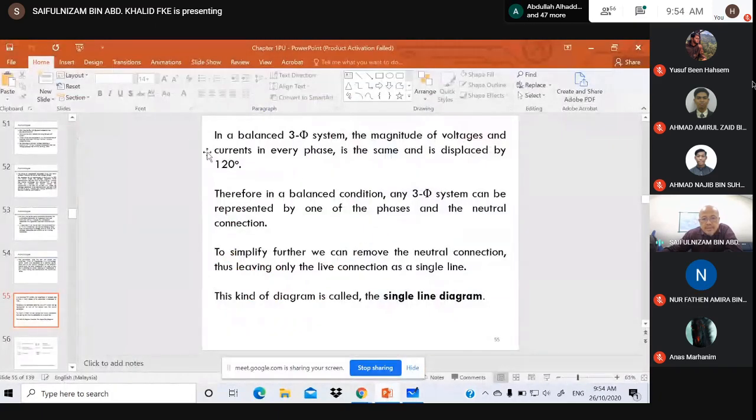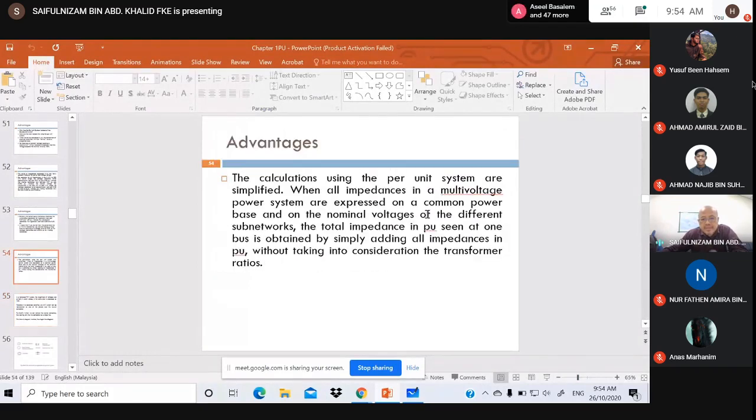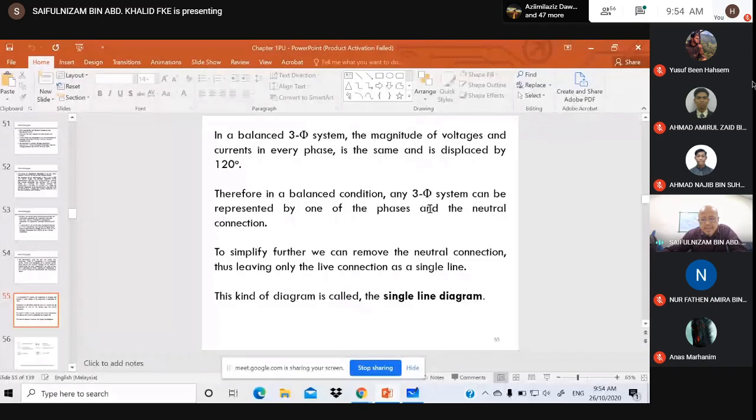Okay, so we have done the per unit values in the old version and in the new version of notes. So this is the old version of the lecture note. The previous is the new version of my lecture note. So you can read this one, the old version. Maybe we can go through the example.